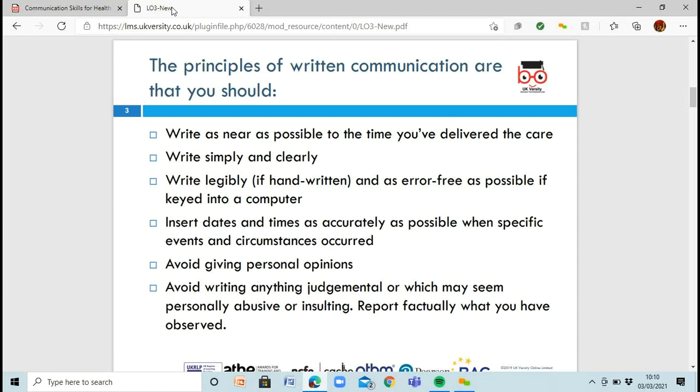Keep it non-judgmental. Don't judge someone, because it can look like you're personally abusing or insulting them. Also, patients will have access to these records. They'll end up seeing them and you don't want them to see something that is insulting or judgmental.